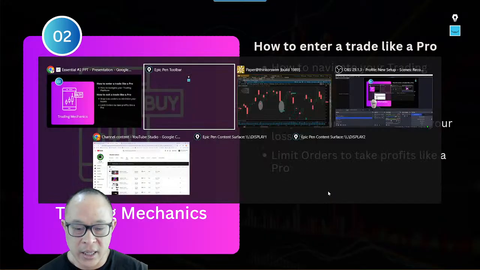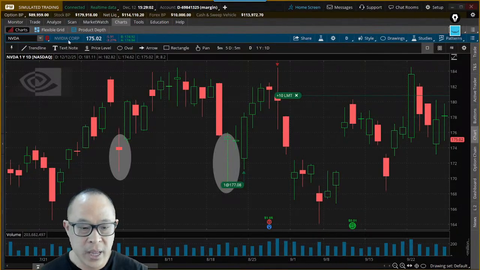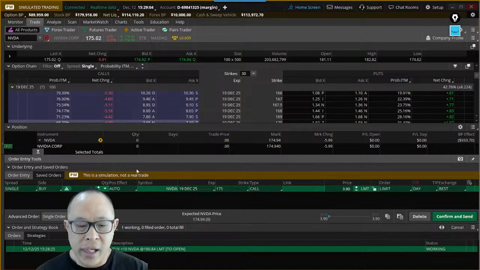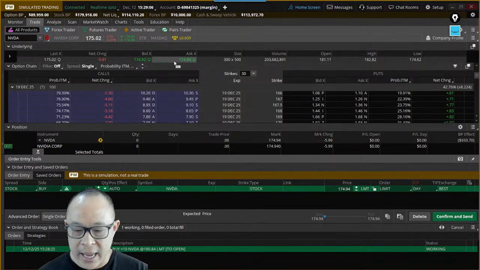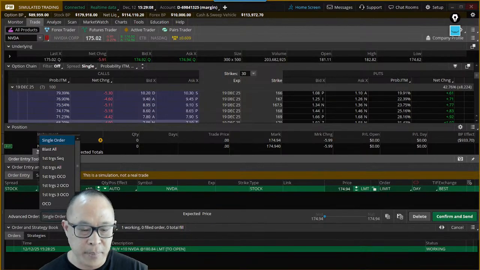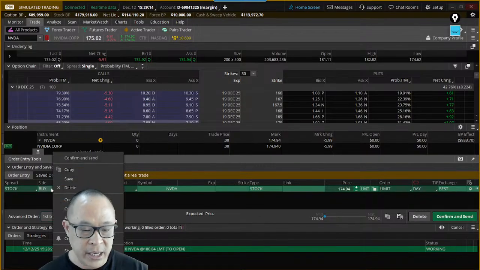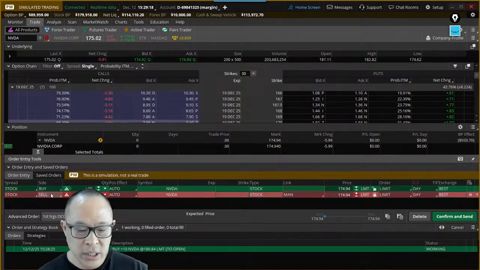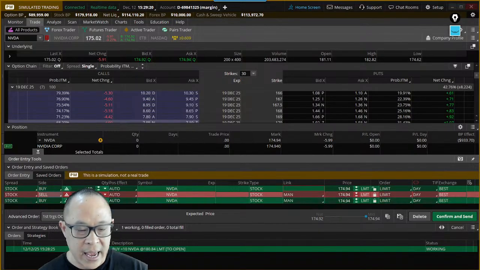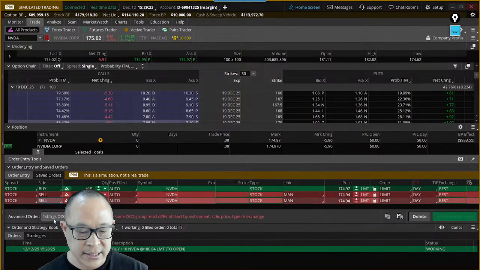For example, let me go back to the trading platform. Let's say I wanted to buy a stock, and I wanted to put in a stop loss and a profit target. Make sure that you know how to put in a first triggers OCO, meaning if I buy this stock, I'm going to create an opposite order to sell it at a profit, and I'm going to, oops, let me put that as a sell, right?